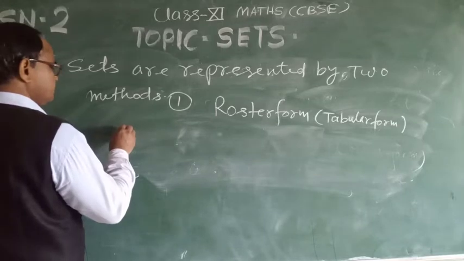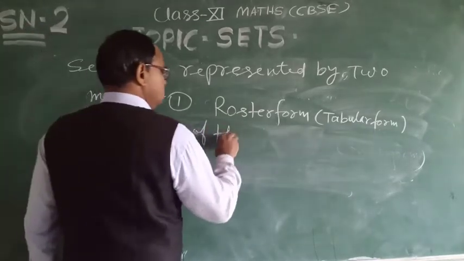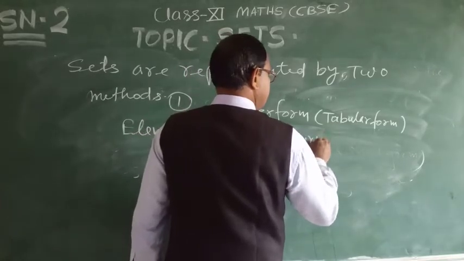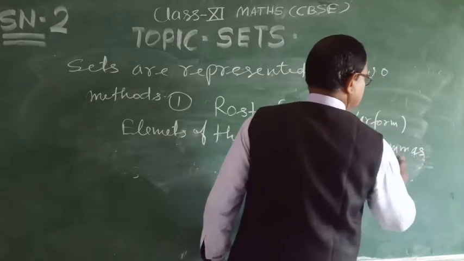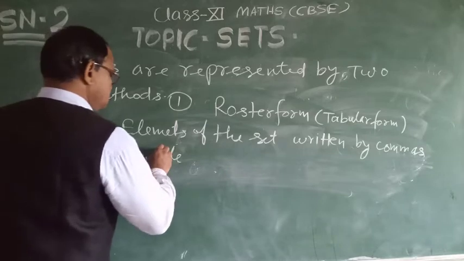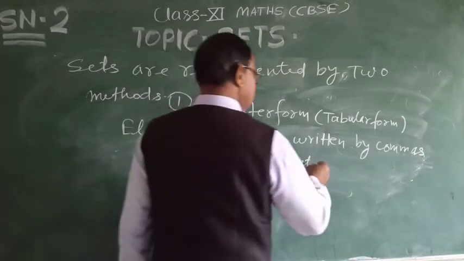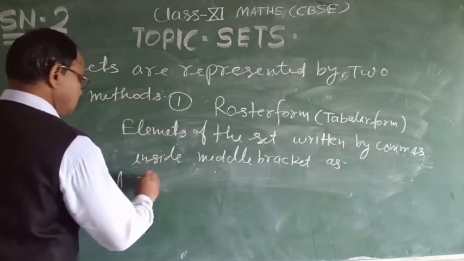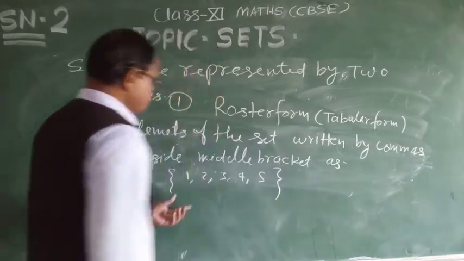Here in this case, the elements of the set are written by commas inside the middle bracket, as here, let A be the set, then 1, 2, 3, 4, 5 are the elements.